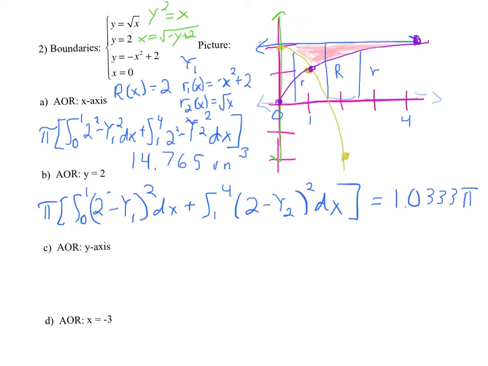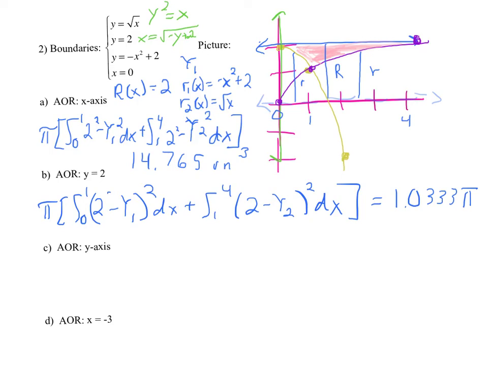So if we are going to be rotating around the y-axis, again, we have to set up two separate integrals because we're going to have two different, actually it looks like we will only have one hole going on. So our small radius, let's draw this out here so we can kind of see it.